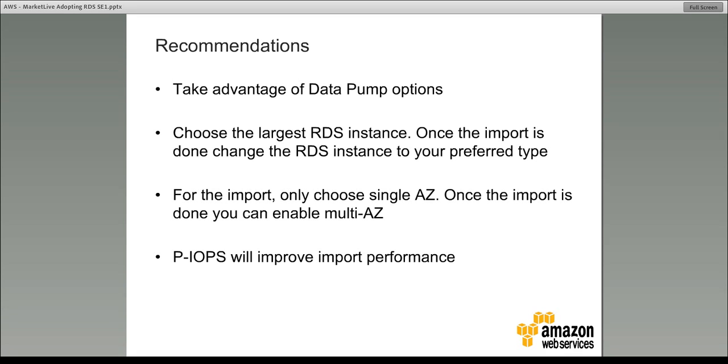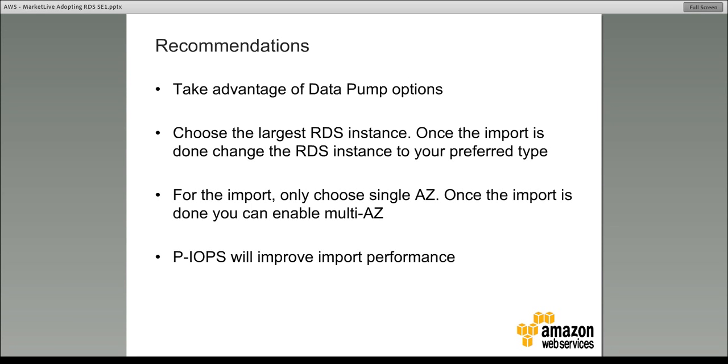And the final recommendation is to look at provisioned IOPS. Again, this webinar is not meant as a review of the different storage options, but we would definitely refer you to the documentation or other webinars that go through some tips for storage. Essentially, provisioned IOPS is a way to reserve a channel from your compute, which is your RDS instances, back to the EBS, or Elastic Block Store, which is used for storage within RDS.